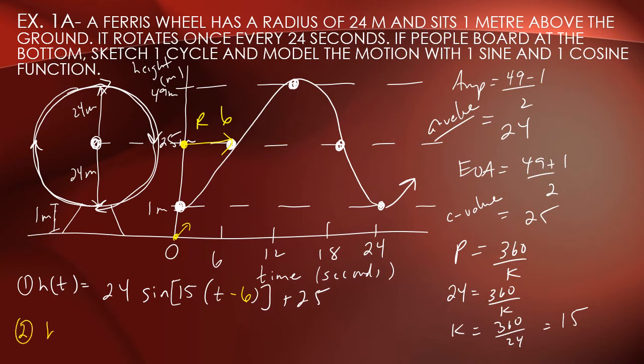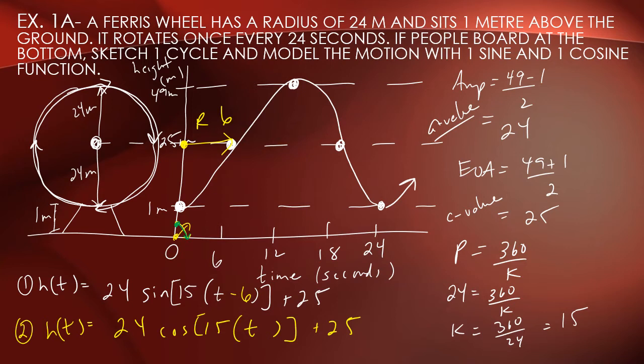Now let's do a cosine function. Same thing, 24 cos 15 t, don't know my phase shift yet, plus 25. Cos normally starts at your max and goes down for reference. Pick green.